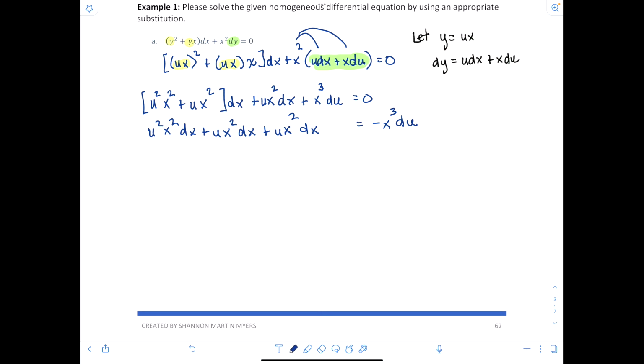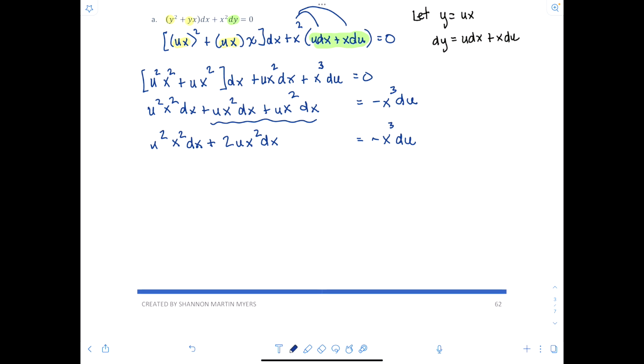Now I can combine like terms. These two are like terms. So we'll have u squared times x squared dx plus 2 of these u x squared dx's equals negative x cubed du. Groovy?